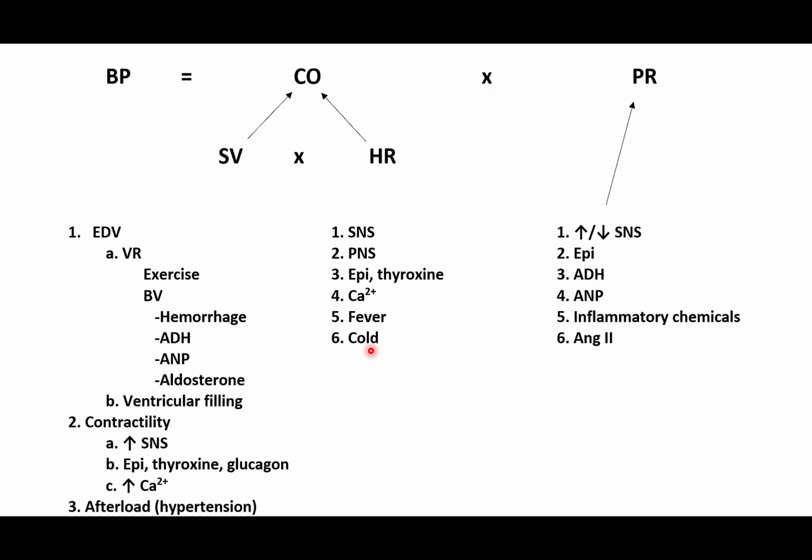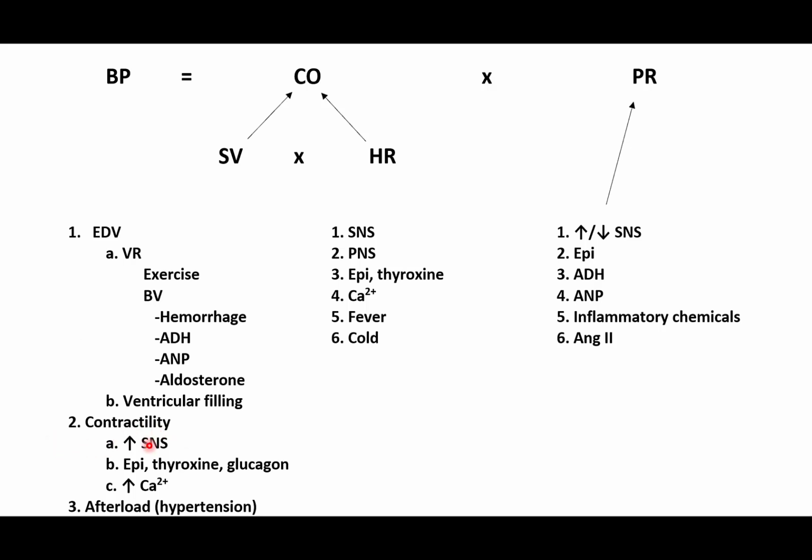Something that we started briefly discussing in the last lecture were ways that we could regulate EDV, venous return. Ventricular filling time was covered in lab. Now, contractility was another way to regulate stroke volume.